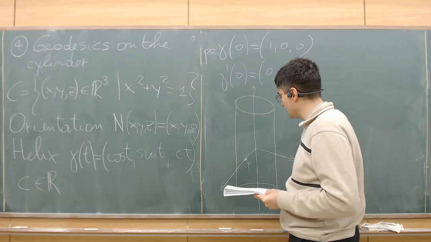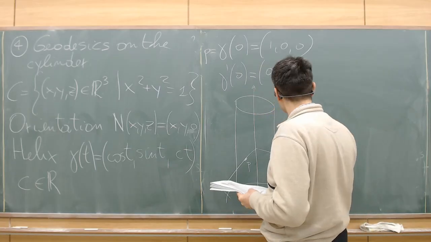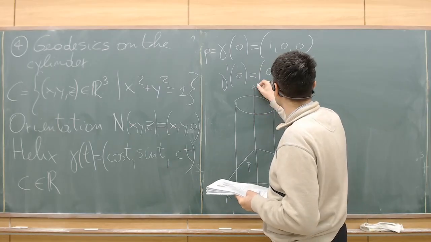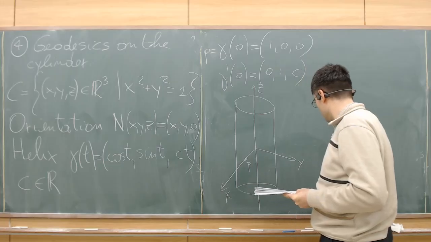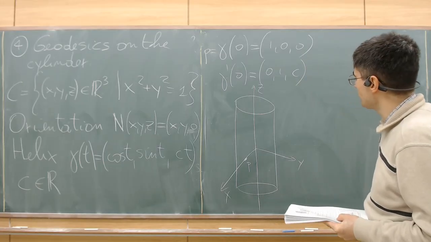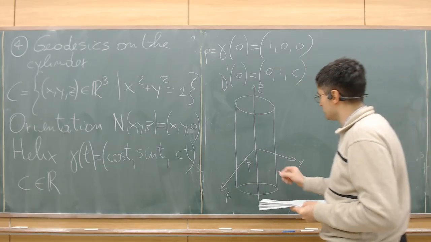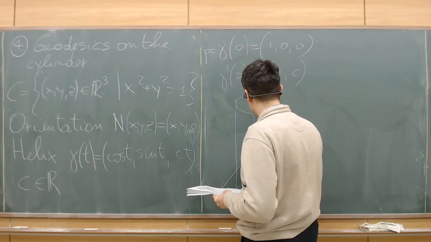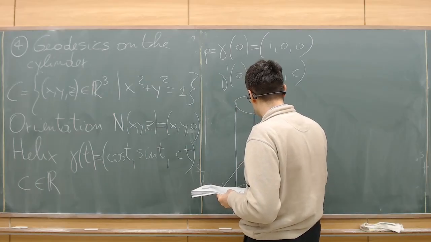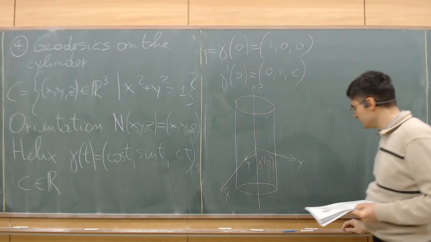Let's put some letters X, Y, Z. This is the vector gamma prime of 0.